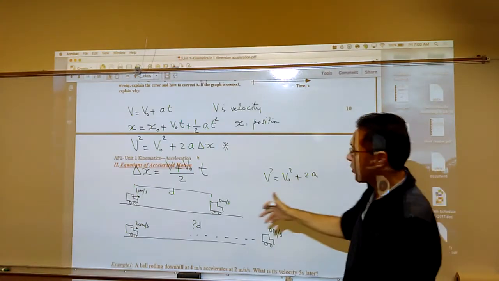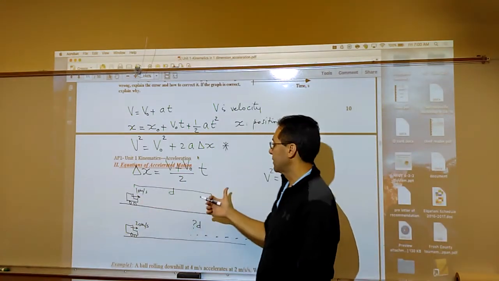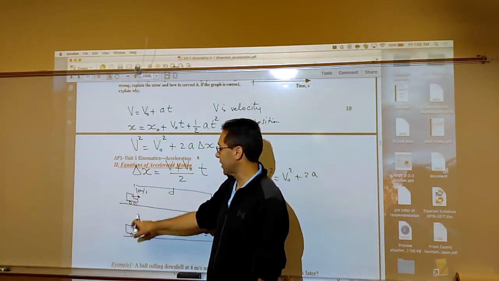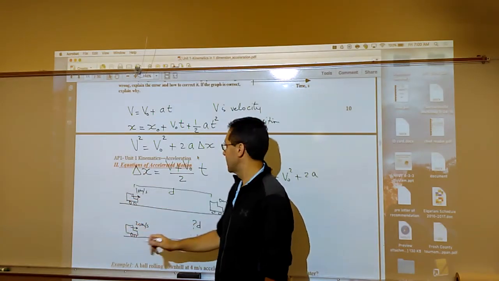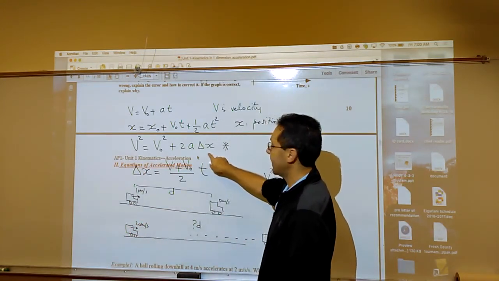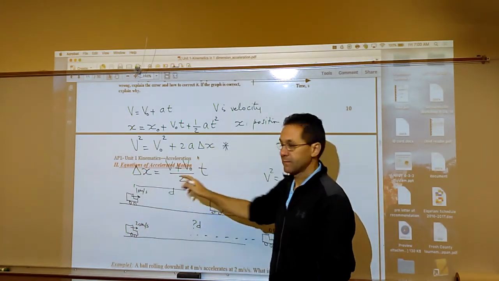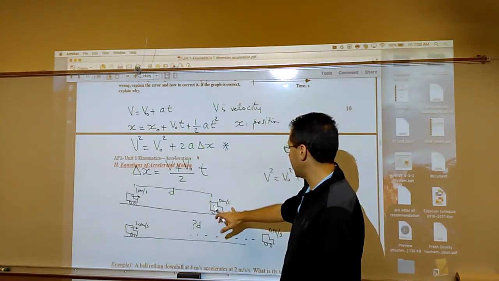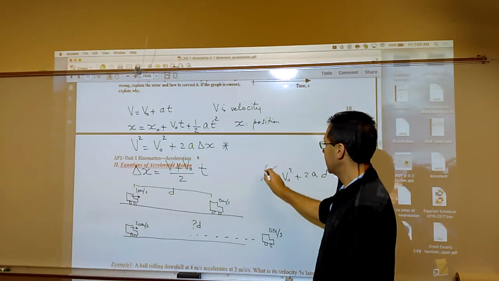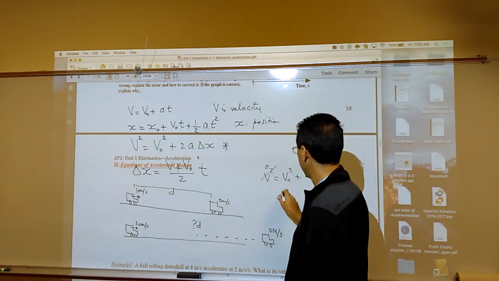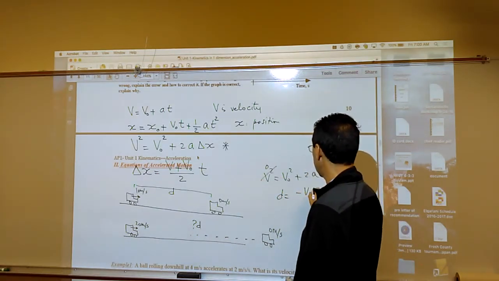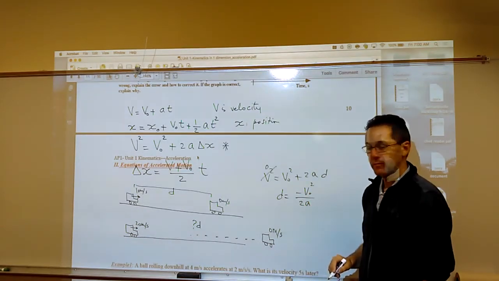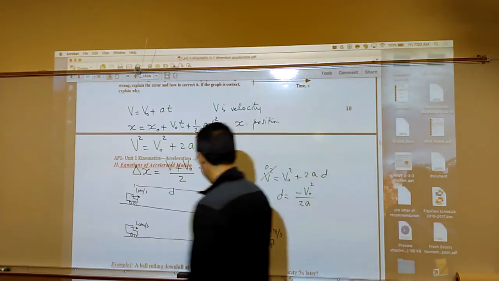Now, if I'm traveling to the right, and if I choose the location where I put my foot on the brake as the origin in both cases, I hope you can see that delta x is d. And since I come to a stop after traveling a distance d, this is 0. So if you manipulate this a little bit, you should get this expression for distance.